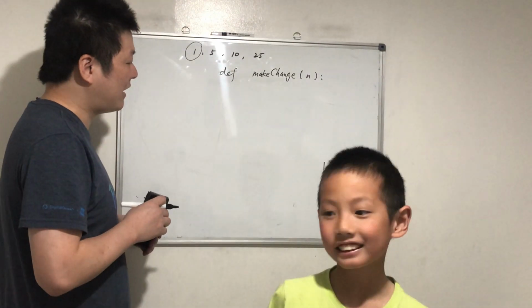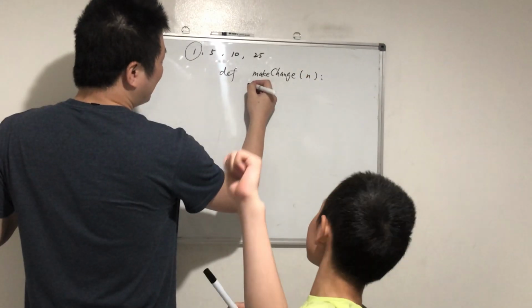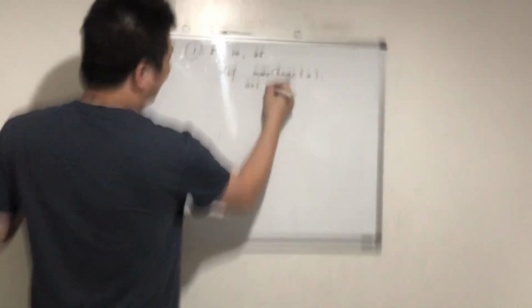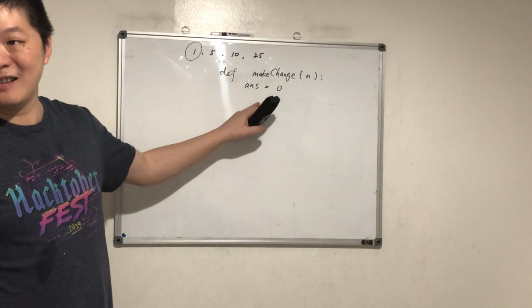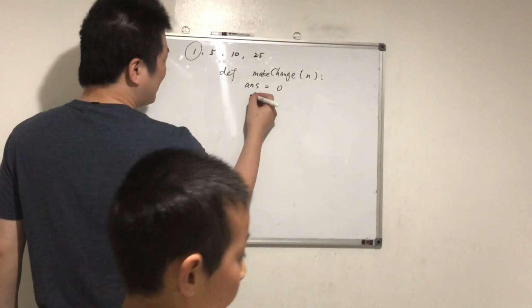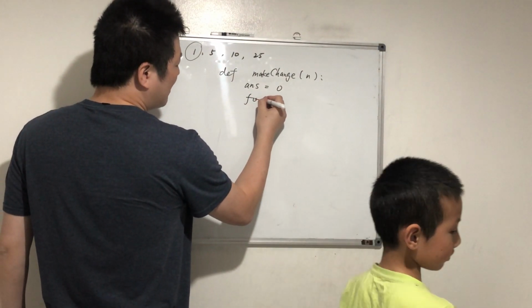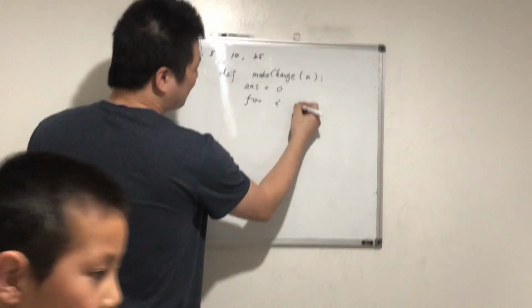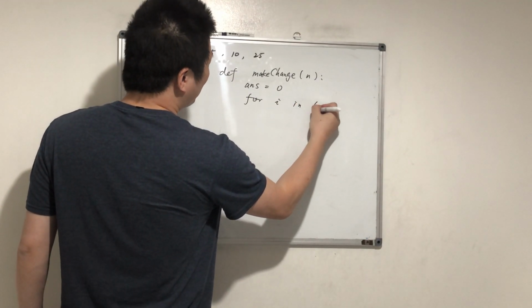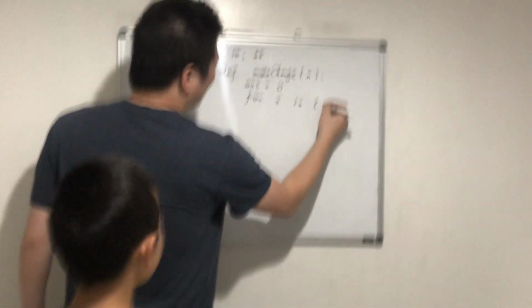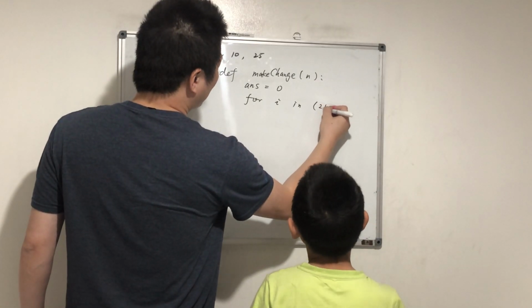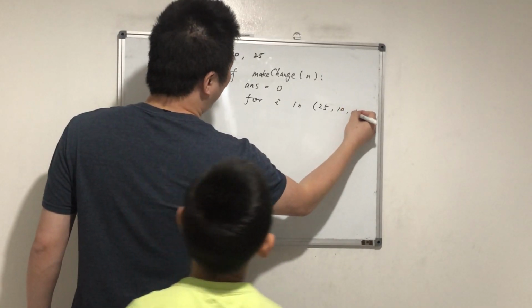So we want the answer. Now look for the coins. We have 4 coins. We try the biggest one first: 25, 10, 5, 1.